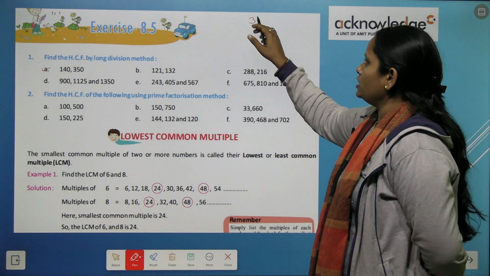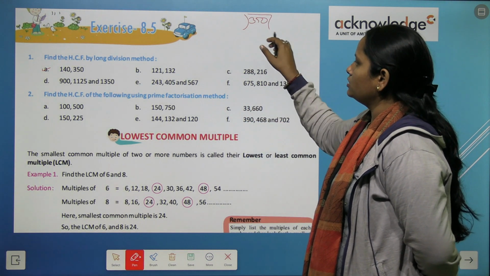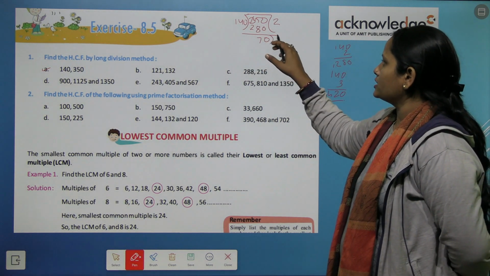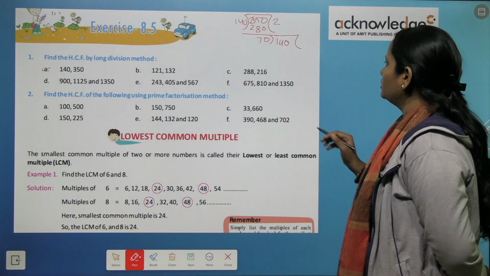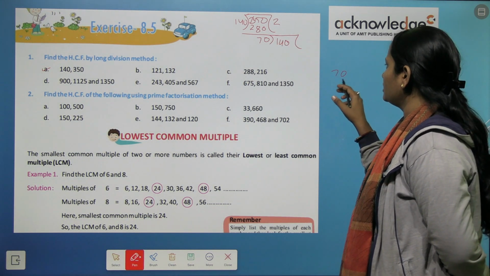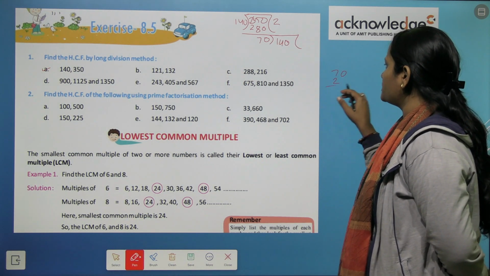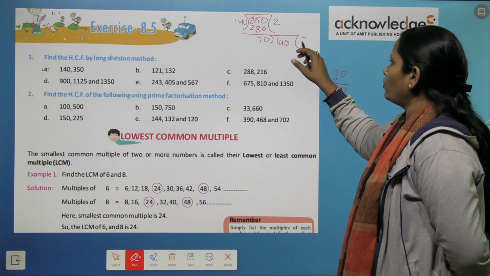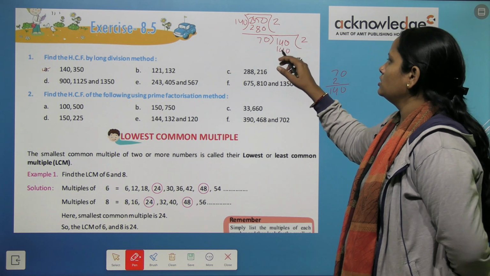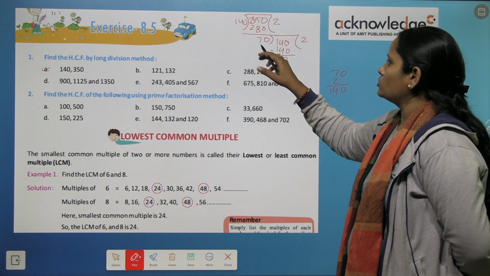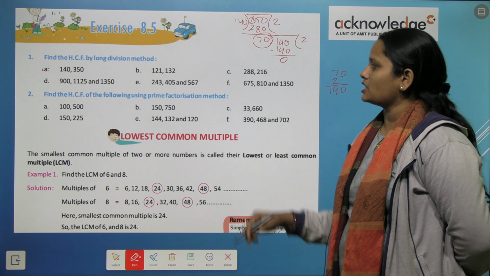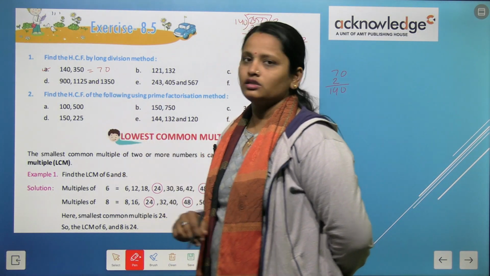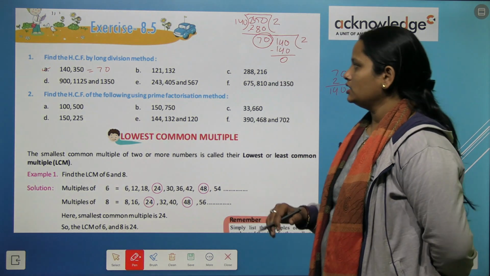So 350 को हमने डिवाइड किया है 140 से. अब जो है इस 140 को हम दोबारा से डिवाइड करते हैं. अब 70 के टेबल में हम देखते हैं 2 times it's 140. So ये पूरी तरह से डिवाइड हो गया. So 70 is the factor of this number. I hope this is clear.